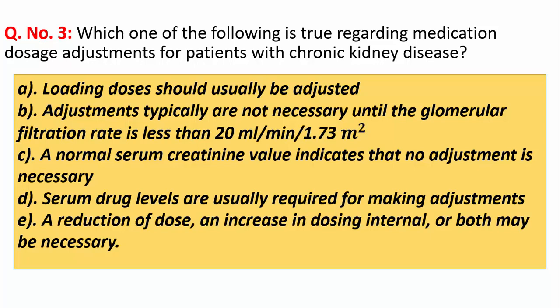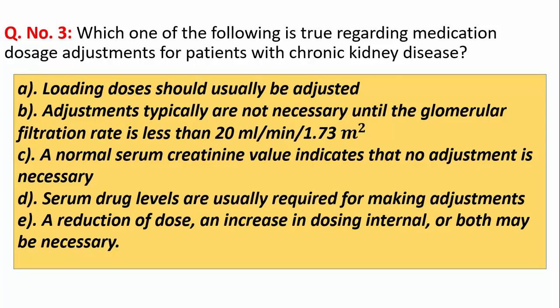Actually, medication adjustments are divided into 3 groups based on whether GFR is greater than 50 ml per minute per 1.73 meter square, 10 to 50 ml per minute per 1.73 meter square, or less than 10 ml per minute per 1.73 meter square. So this is again not the option.